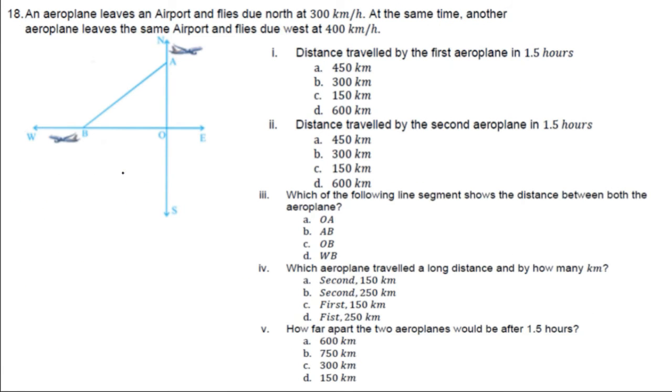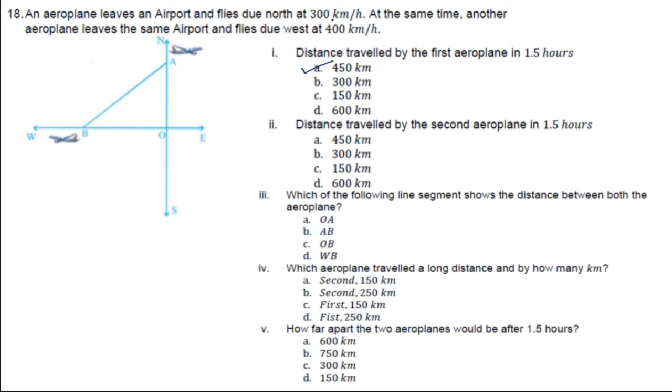Next situational based or case study based question: an aeroplane leaves an airport and flies due north at 300 km per hour. At the same time, another aeroplane leaves the airport, flies due west at 400 km per hour. The distance traveled by the aeroplane in 1.5 hours is, this will be 450 kilometers.